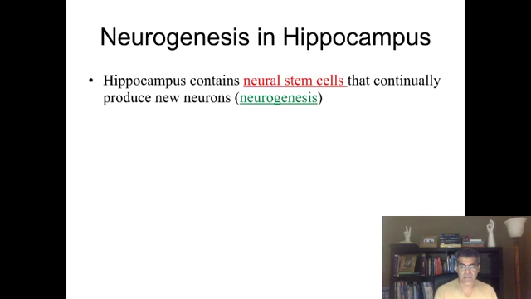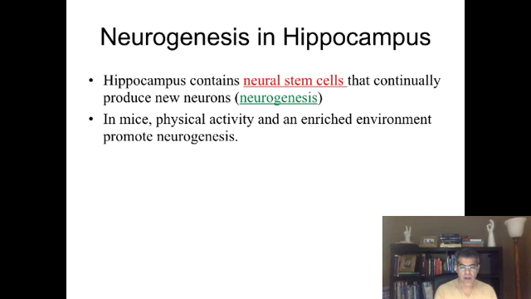As a result, it doesn't matter how old you are, as long as you use your brain and as long as you study and try to memorize things, your hippocampus can create new cells and create new synapses. This idea is neurogenesis. Also physical activity and having a supporting environment, having an environment that is not depressing, is joyful, may increase production of new cells or neurogenesis.